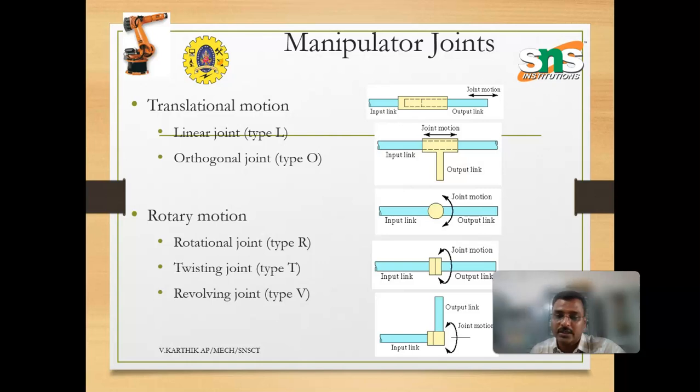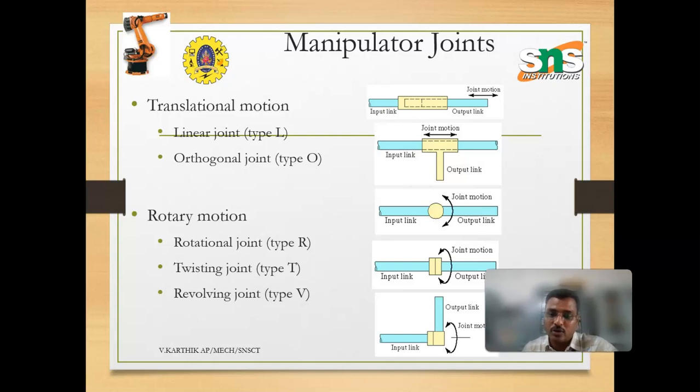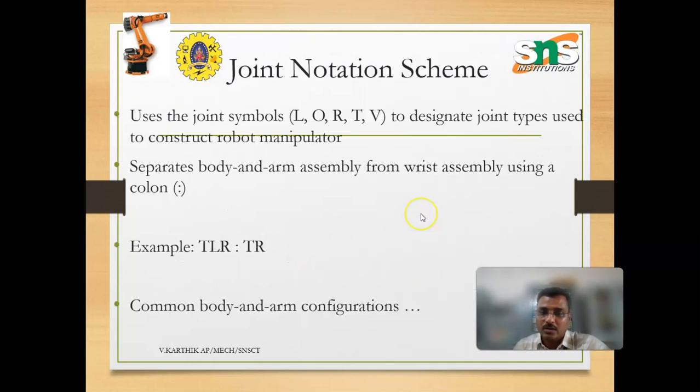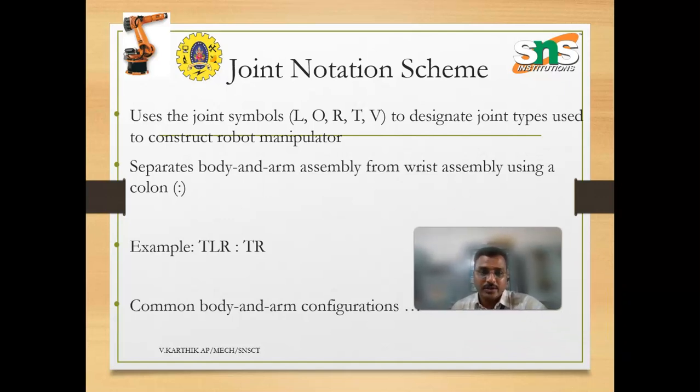Twisting is like tilting the joint. And the revolving joint will rotate on the axis 360 degrees. Then the joint notation scheme uses symbols like L, O, R, T for linear, orthogonal, rotational, twist. These are some of the codes we use in the joint notation scheme.